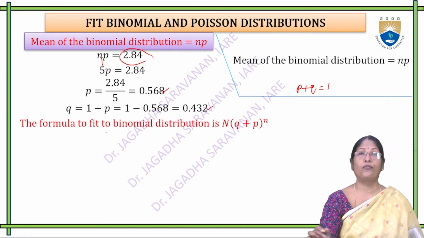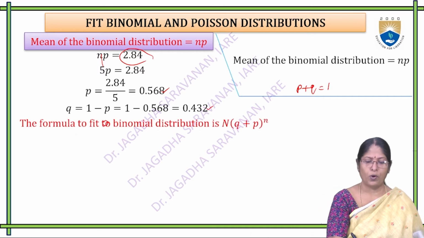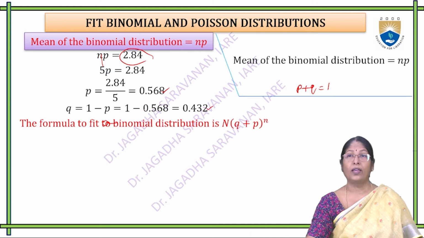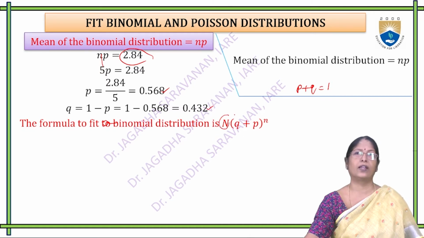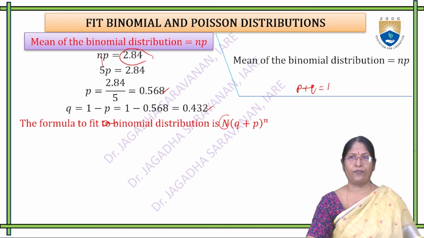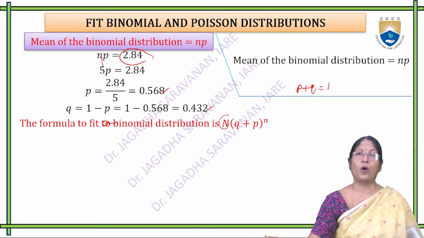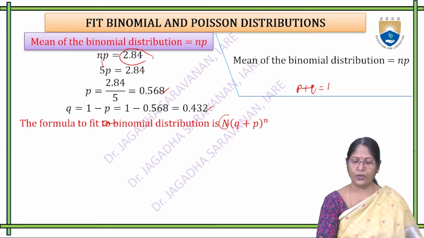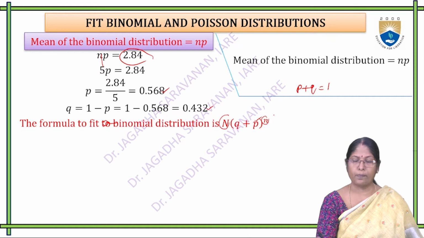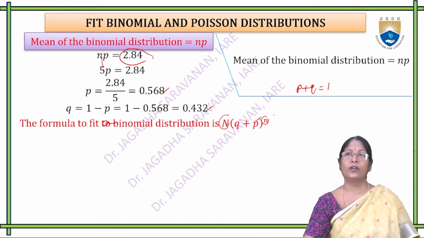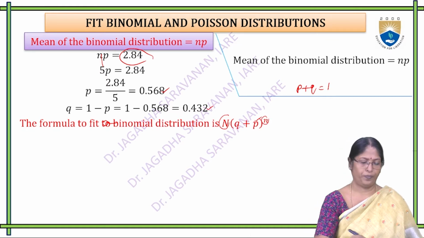The formula to fit a binomial distribution is N times (Q plus P) the whole power n. We know what capital N is: it's nothing but summation f. The Q value is 0.432 and the P value is 0.568. Small n represents the number of trials, that is 5.